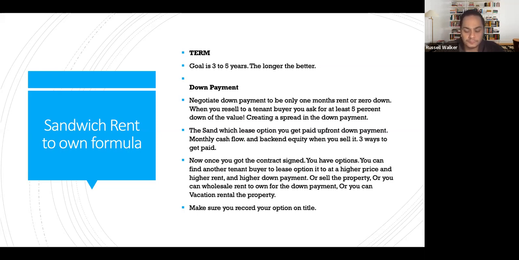And if there is a mortgage, you want to pay the mortgage directly. So for example, let's say that you agree to $2,000 a month in rent, and the mortgage is 1,500 a month.